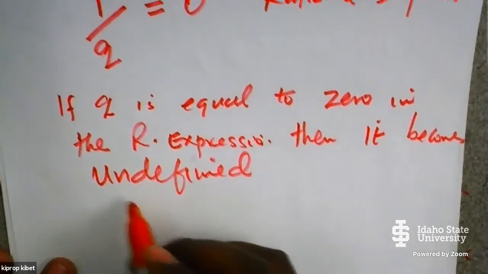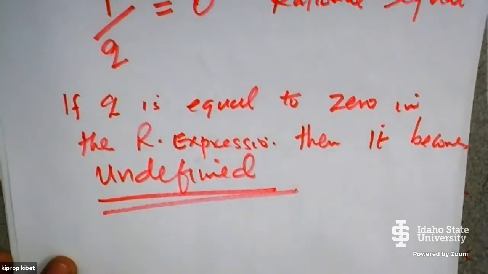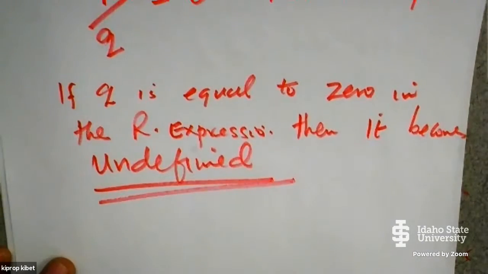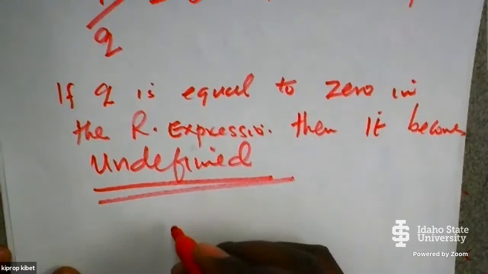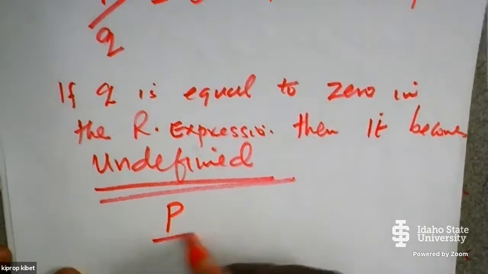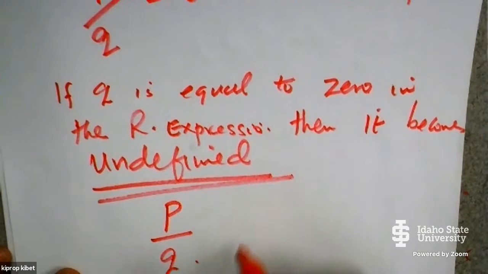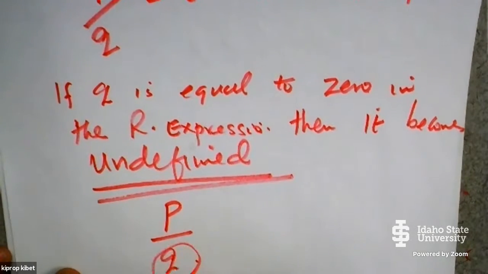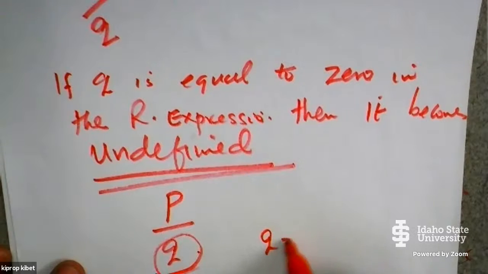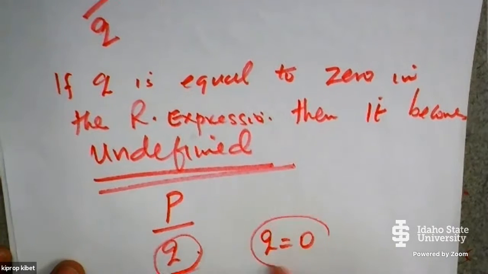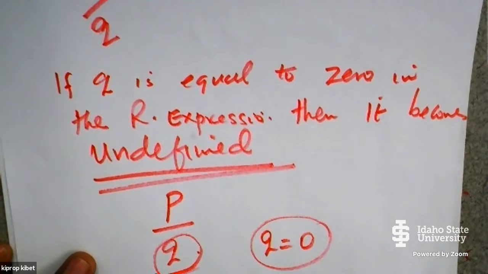Then when we solve for where an expression P over Q will be undefined, what do you do? You equate this Q to be equal to 0. So when that Q is equal to 0, then it becomes undefined.